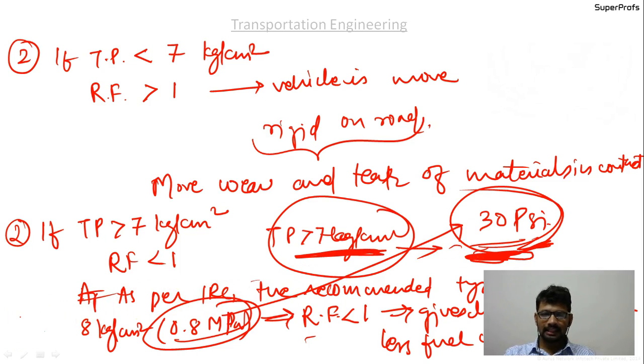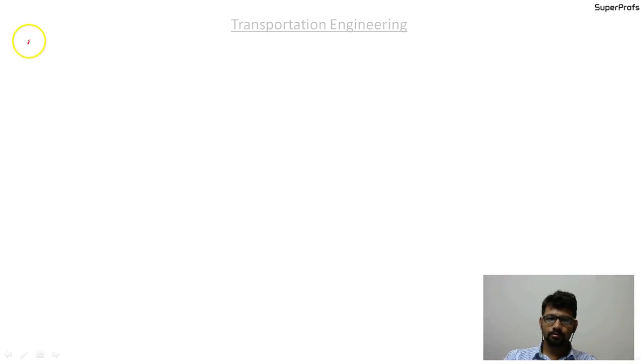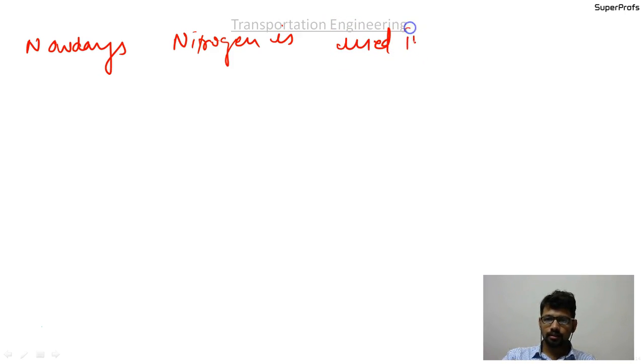And nowadays nitrogen is used in high speed vehicles. Please, for your information, make this note that nowadays nitrogen is used in high speed vehicles, okay.